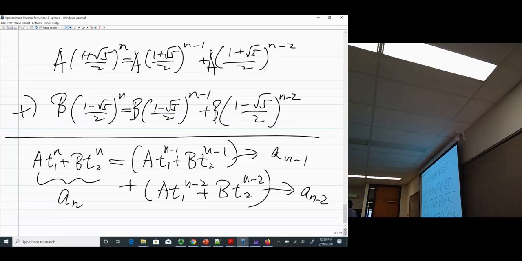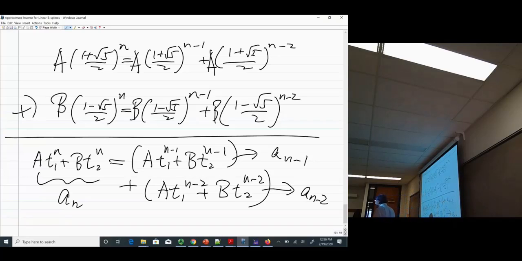And A and B can be any constant. 1, 2, square root 5, pi, e, log, any number. It would work. That means we have freedom to choose A and B. Two freedoms to choose.